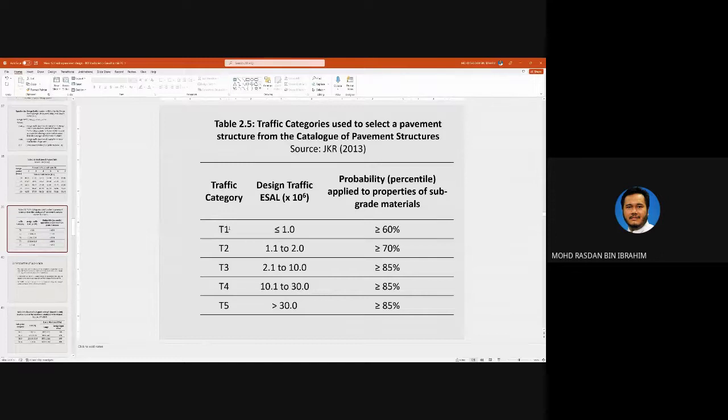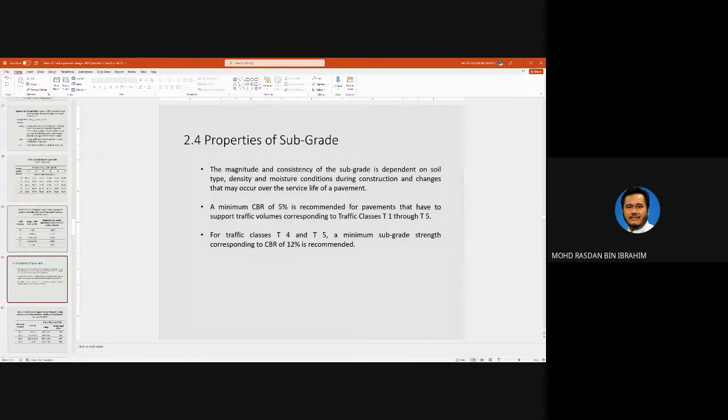In which category does your road lie, from T1 to T5? So this is the probability applied to the subgrade materials. But usually this value will be given.